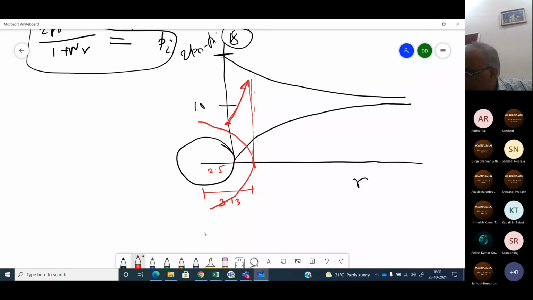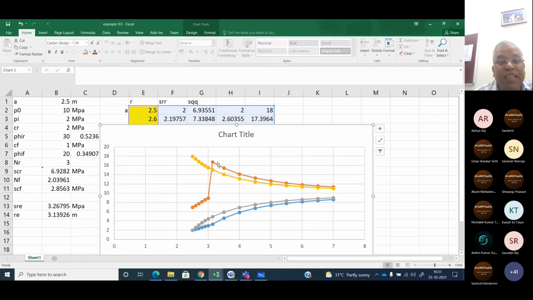So the stress, if I can draw the stress, will be something like this. It is going to increase gradually. And how much will it go? That is also very interesting. How much will it go? It will go up to a value of 16.73.